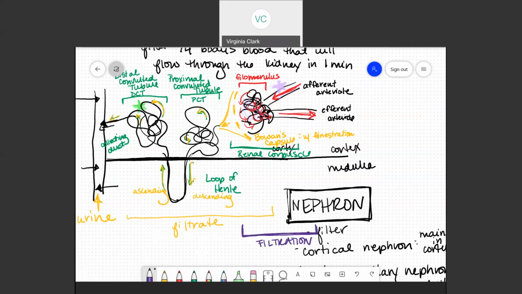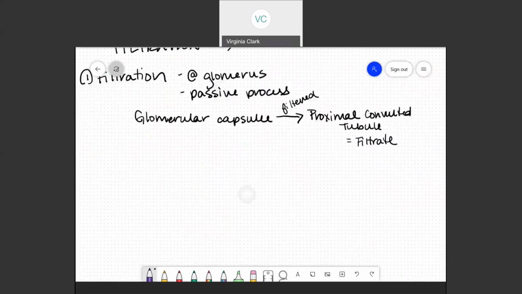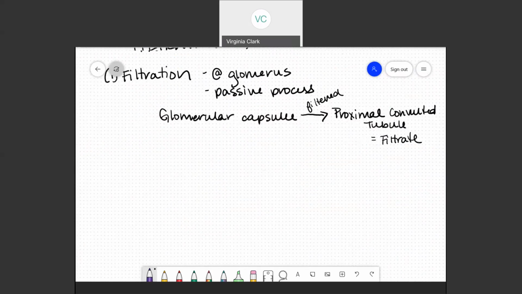We are filtering out the liquid from our blood through our glomerular capsule into our proximal convoluted tubule.